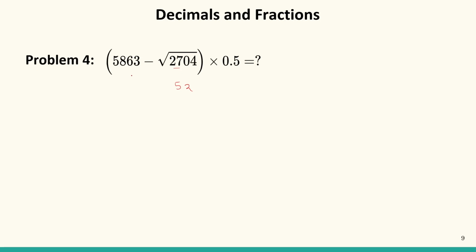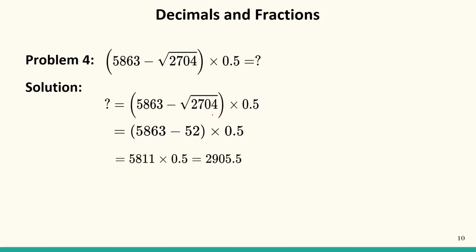So it will be equal to 5863 minus 52 into 1 by 2, because we all know that 0.5 is nothing but 1 by 2 in fractional form. This is how we can evaluate the solution. This is the final answer.